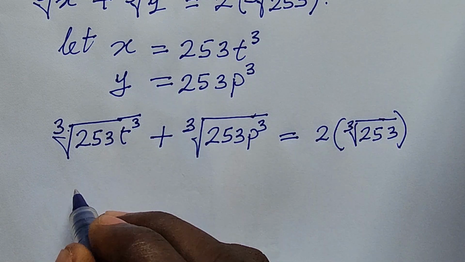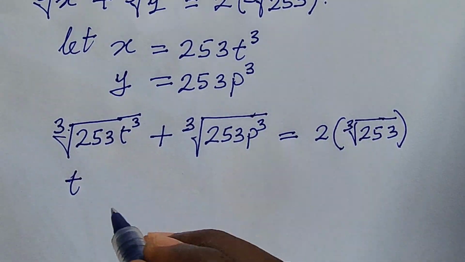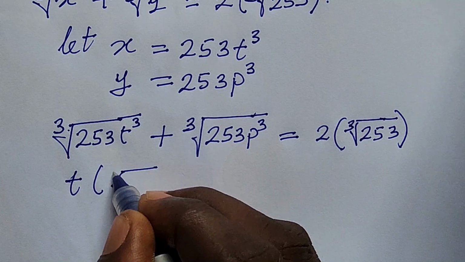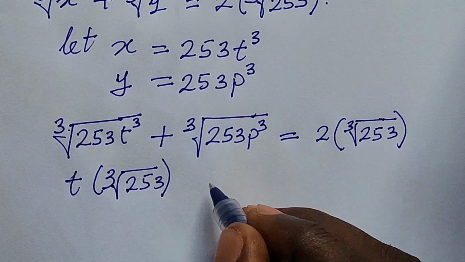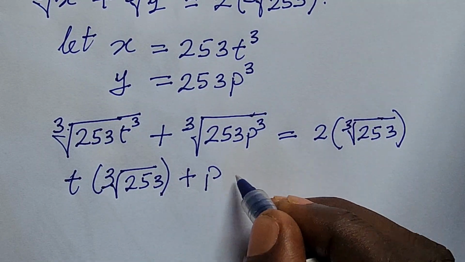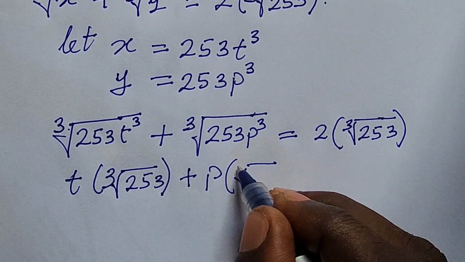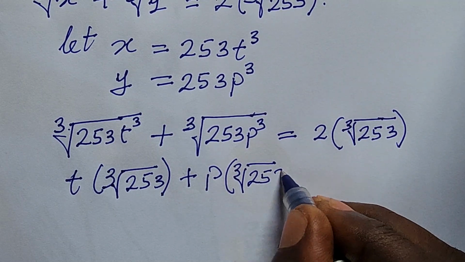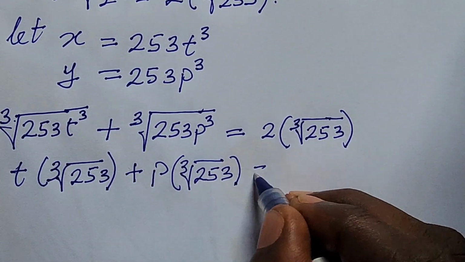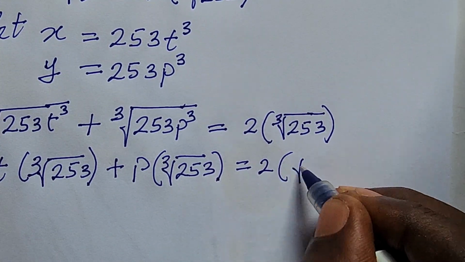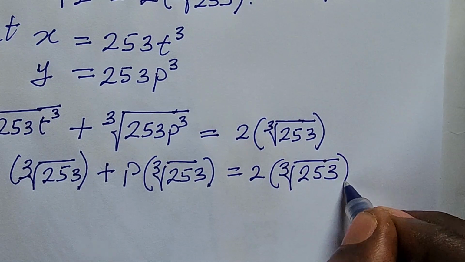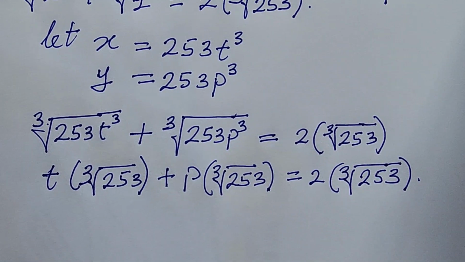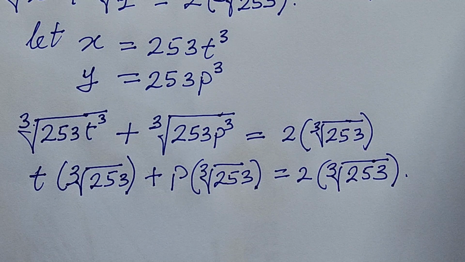Rewriting this expression, we come up with t times the cube root of 253, plus p times the cube root of 253, equal to 2 times the cube root of 253. Right? Now, if we look carefully here, we observe something. What is common to this quantity now?